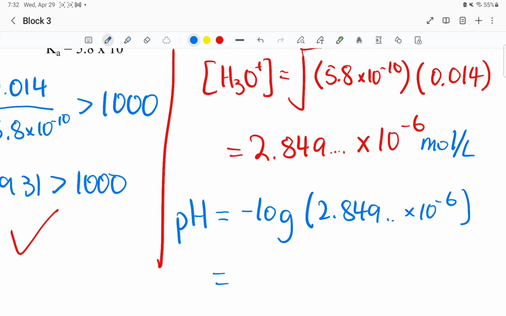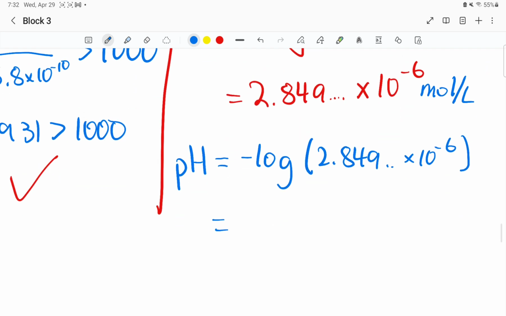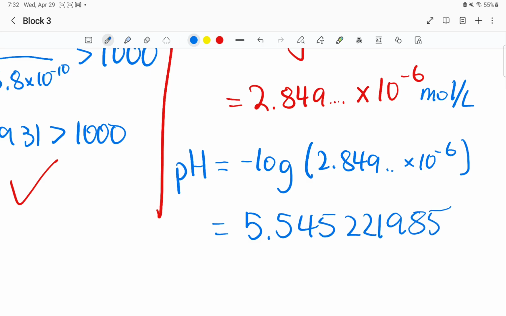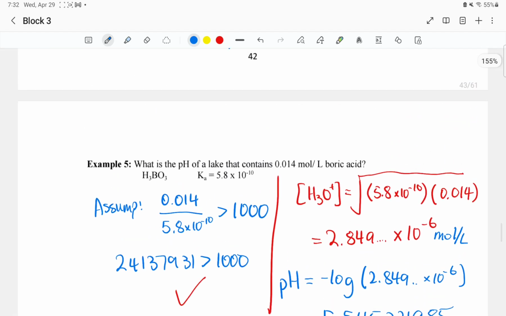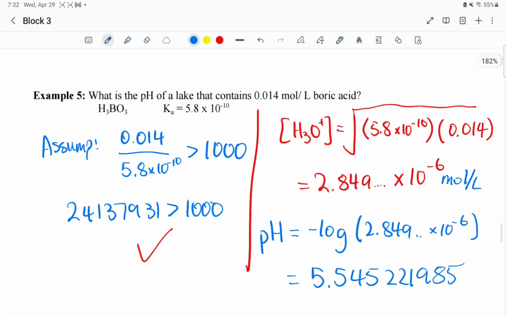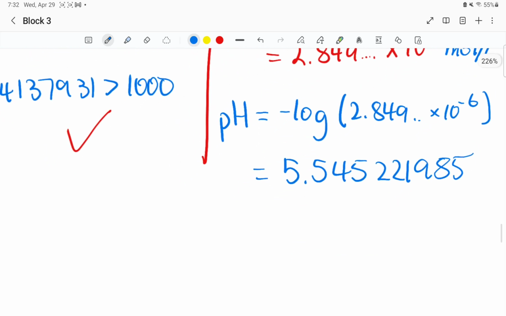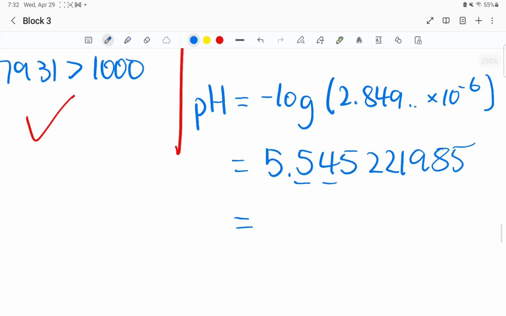Without rounding, we get 5.545221985. With sig digs, here we have 2 sig digs, and here we have 2 sig digs, so we want 2 digits after the decimal. 5.55 for your final answer.